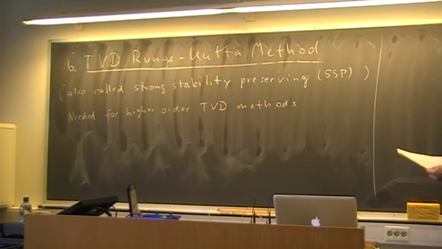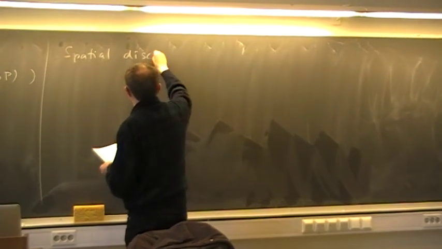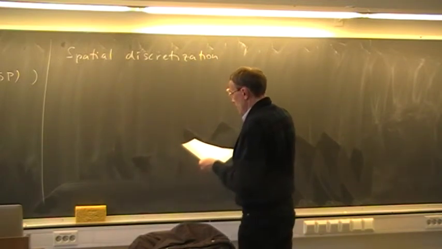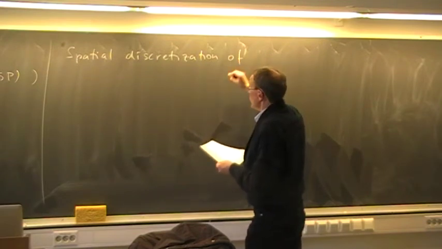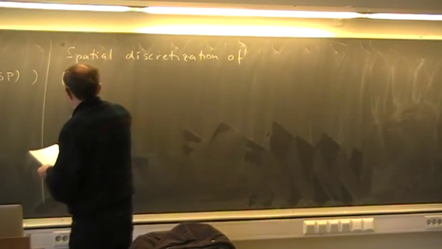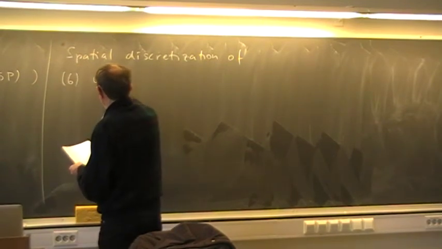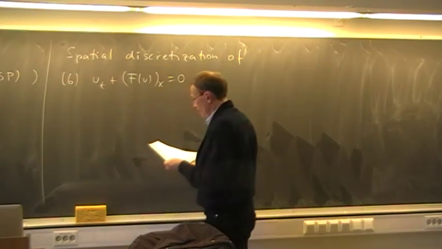So let us start from the very beginning. We do a spatial discretization, that is what we have been discussing so far in great detail, using methods in conservation form, which are even TVD. We have been discussing discretization of conservation laws of the following form: u_t plus f(u)_x equal to 0.